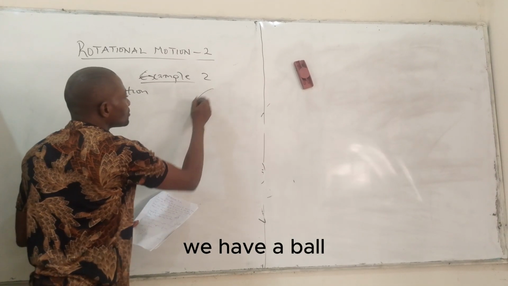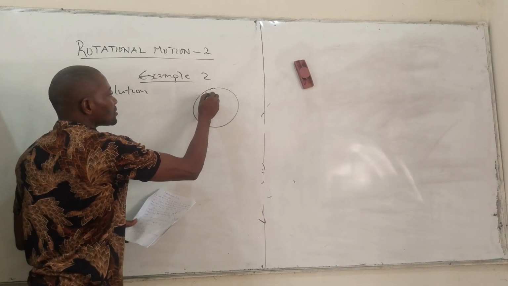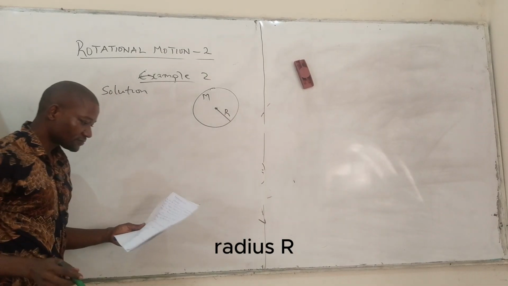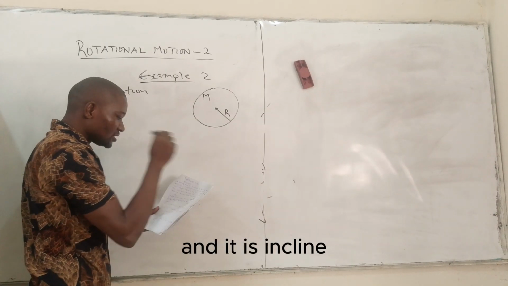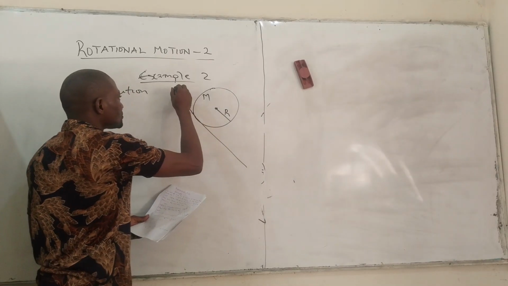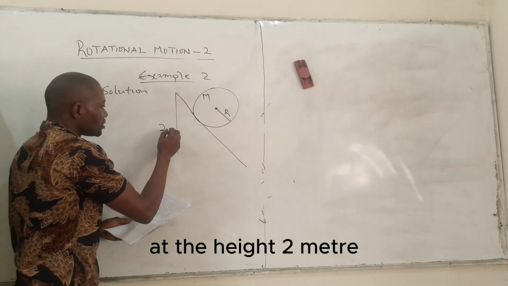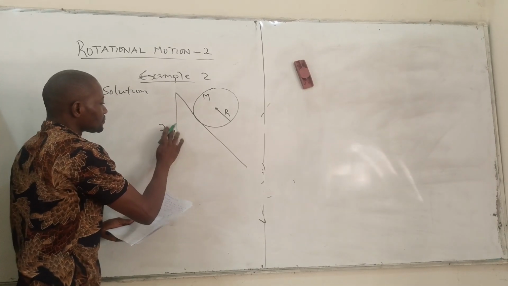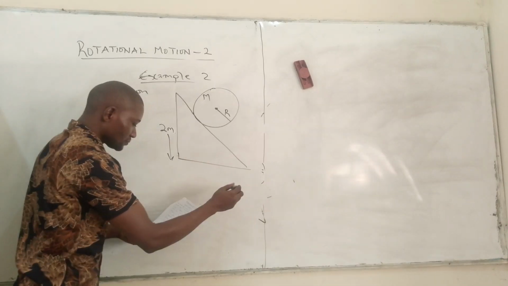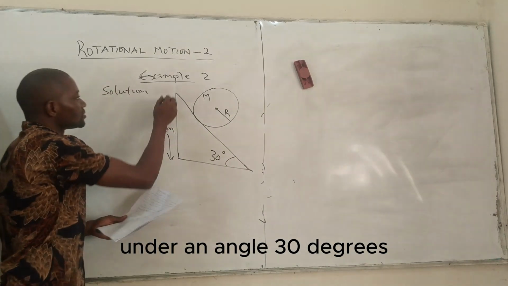We have a ball of mass m, radius r, and it is inclined on a plane at the height 2 meters and at an angle 30 degrees.